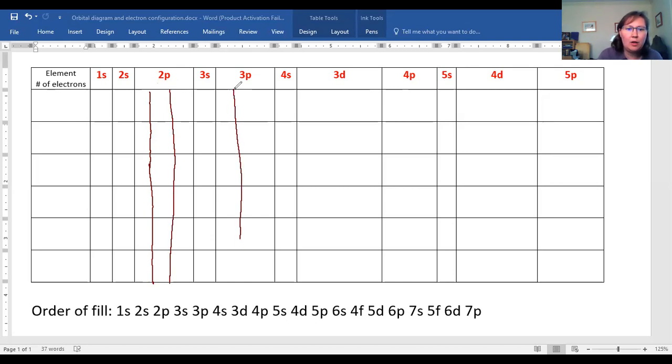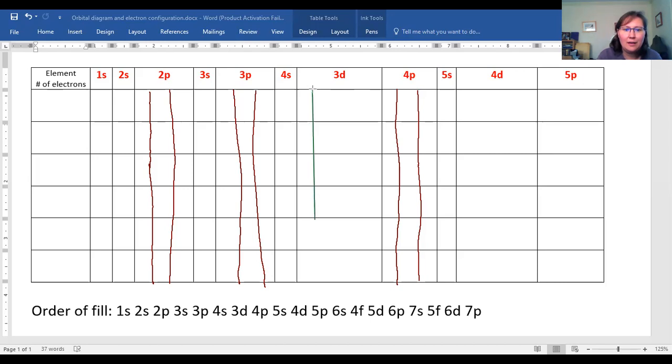It's harder to draw here than you think, and I'm making all of these terrible. There we go, straight lines. And then our d orbitals we can put into 5 boxes.